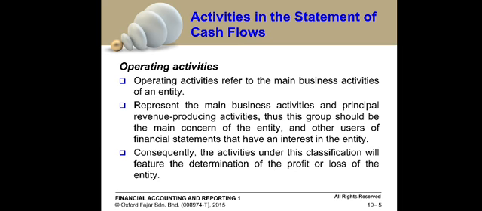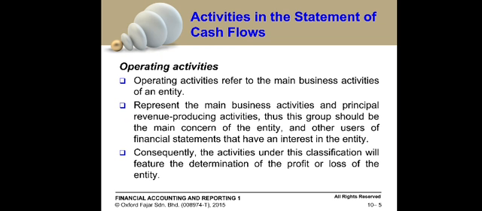Operating activities refer to the main business activities of an entity. Operating activities represent the main business activities and principal revenue producing activities. Thus, this group should be the main concern of the entity, and other users of financial statements that have an interest in the entity.